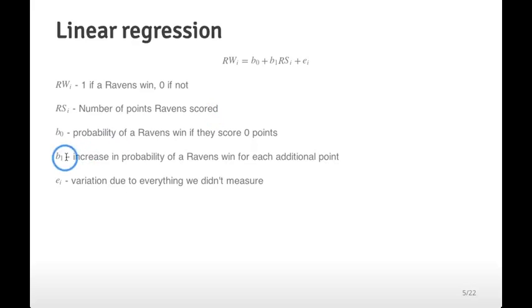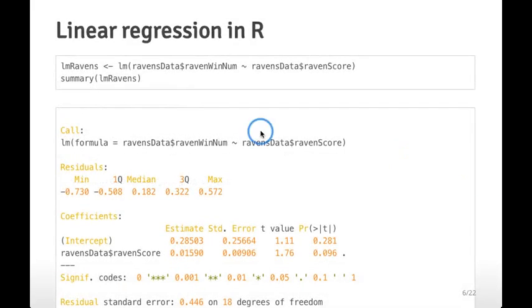And B1 is the increase in probability of a Ravens win for each additional point that they score. So each time they score a point, we increase the probability of their win a little bit. And then E is again the variation due to everything that we didn't measure, both random variation as well as potential measurement error, things like whether the game was a home game or an away game and so forth. So in R, we could fit this linear regression model just like we've done in the past.